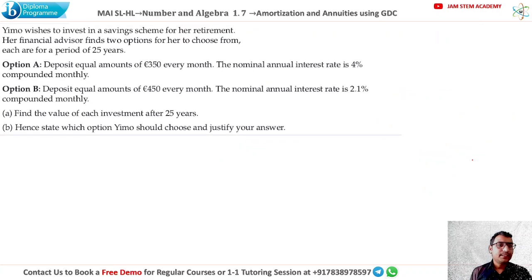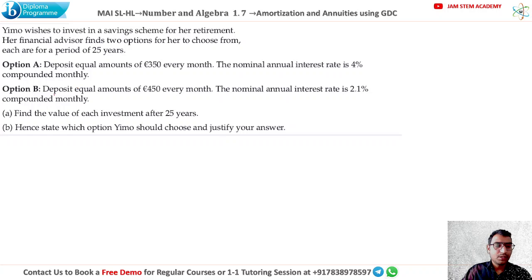Next one. It says Yemo wishes to invest in a saving scheme for her retirement. Her financial advisor points out two options for her to choose from, each for a period of 25 years. In option A, a deposit of an equal amount of 350 every month, and the annual interest rate is 4% compounded monthly.